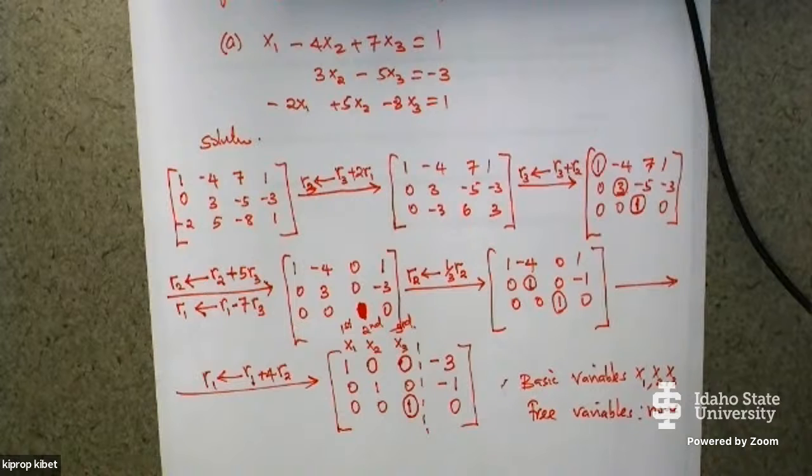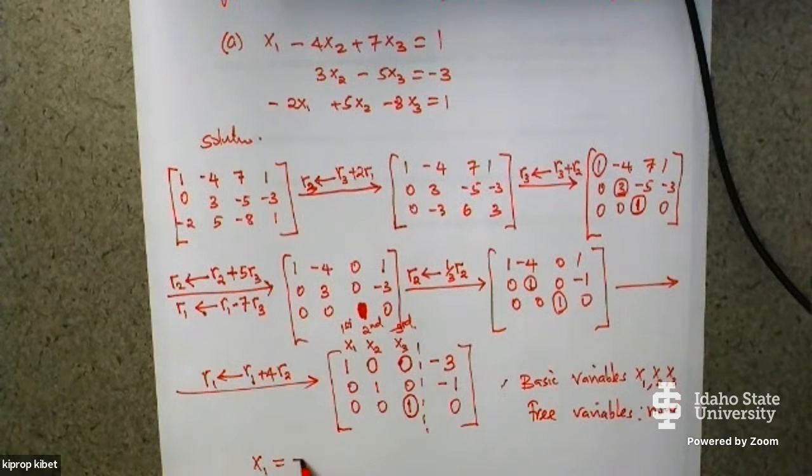So the linear system here will now be x1 equals -3, x2 equals -1, and x3 equals 0.